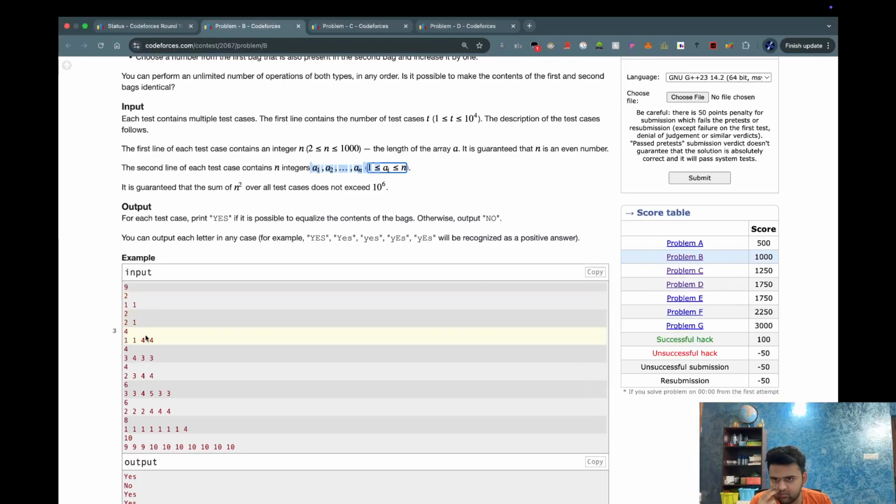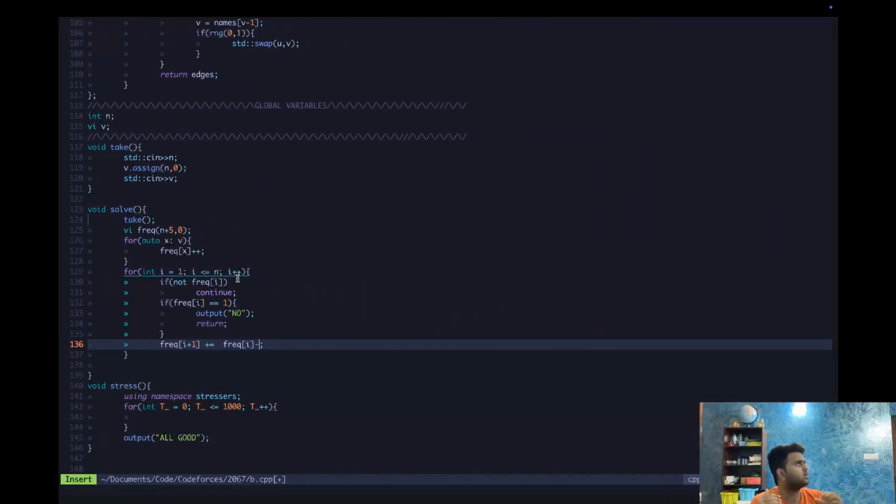Okay, if the sum of counts is even, so I waste 2 here. Just 2. I minus 2, I minus 2, I minus 2.